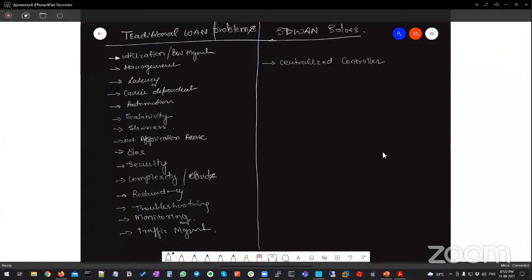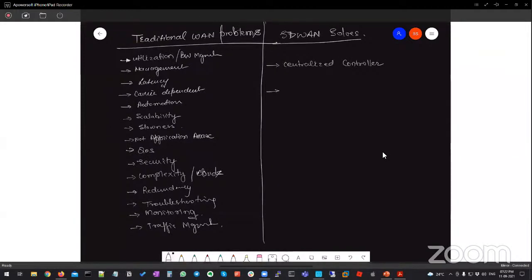Then let's take carrier dependency. SD-WAN is going to work on any type of connectivity, whether it is MPLS, internet, or any other type of communication. Again, it is an overlay technology.